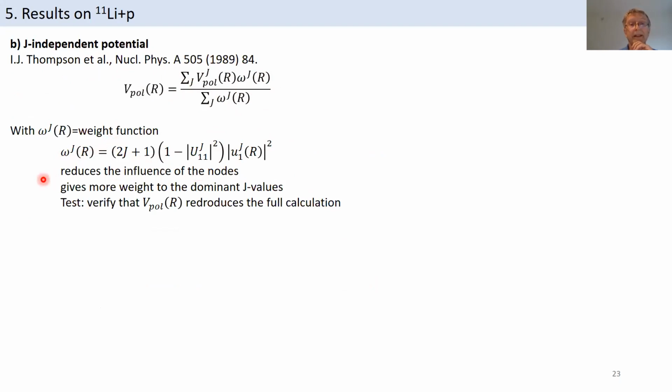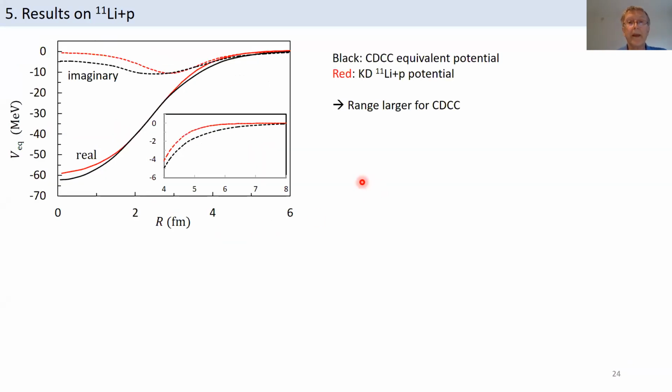And this reduces the influence of the nodes, because you see, if there is a zero here, there is no zero in the full sum. But of course, this is not exact. So at the end, you have to verify that this polarization potential reproduces the full calculation.